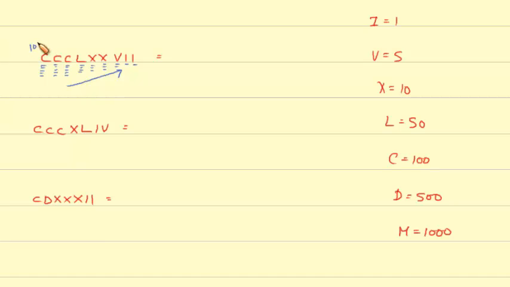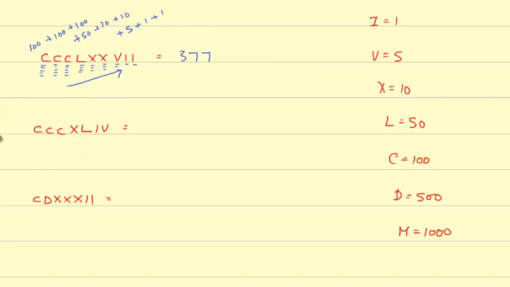You have C, which is 100, plus another C, which is 100, plus another C, which is 100, 3 hundreds, plus L, which is 50, so 350, plus 2 tens, so 370, plus 7, so 377. That's what we've got here, and that's very simple to do.